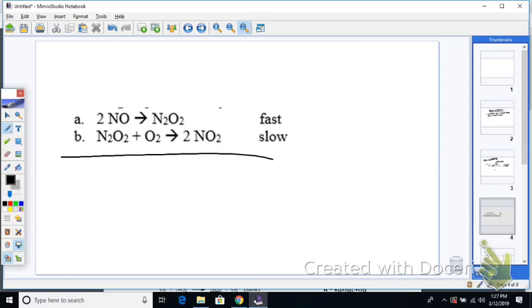So the overall reaction's what? 2NO plus O2 gives you 2NO2. Is that what you got? Okay, this would be the intermediate.